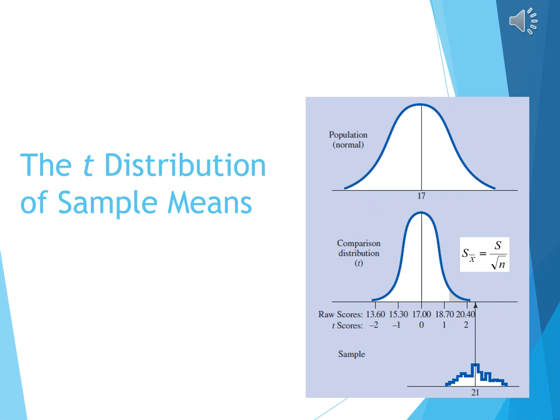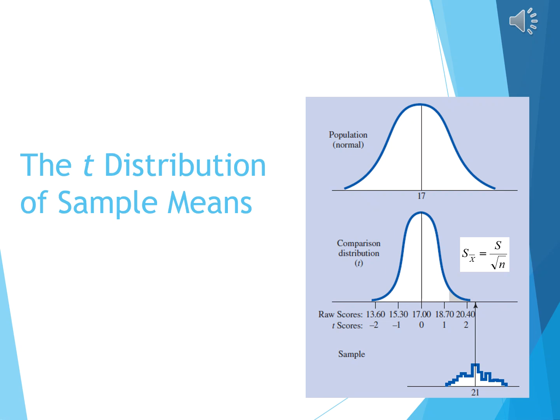So it's still a distribution made up of sample means, but because you have to estimate the standard deviation now, using your sample standard deviation, the estimated standard error is the standard deviation of this t-distribution of sample means. Let me say that again. The standard deviation of the t-distribution of sample means is the estimated standard error, S sub x bar, okay?